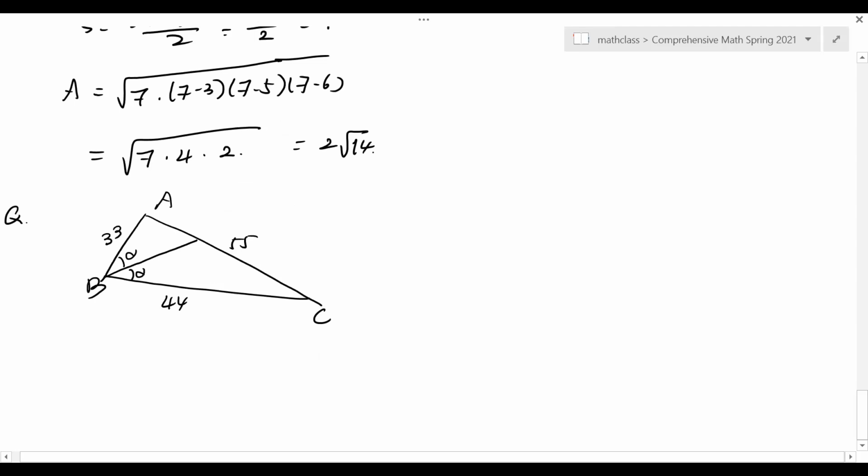What is the length of the short segment of that side?